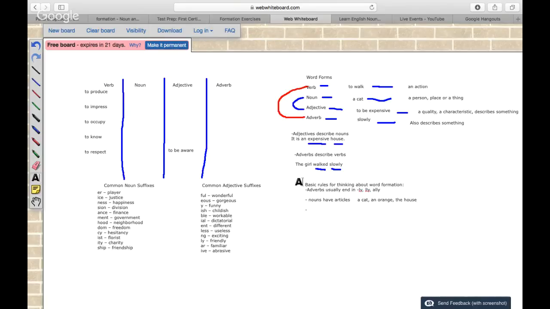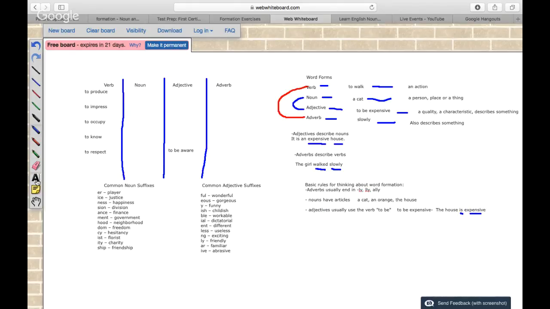What else? Okay, another important thing is that adjectives usually use the verb to be. For example, to be expensive. And an example sentence is the house is expensive. So here we have the verb to be and we have an adjective.